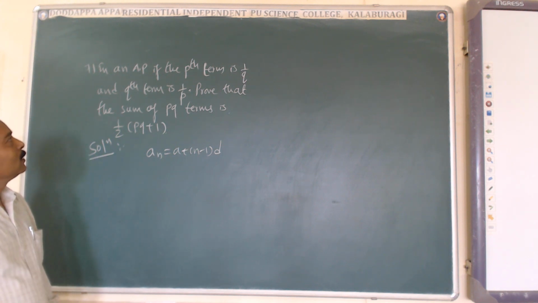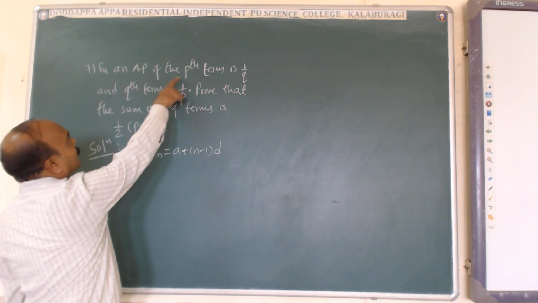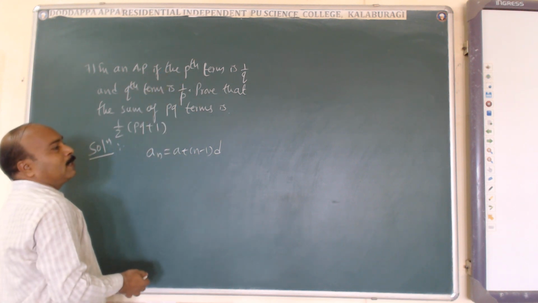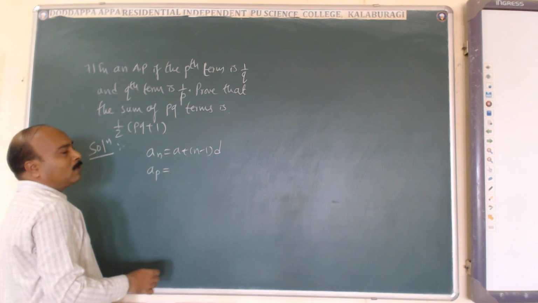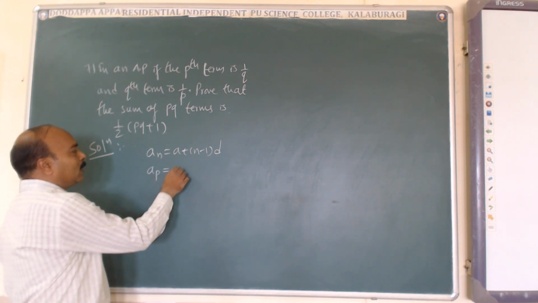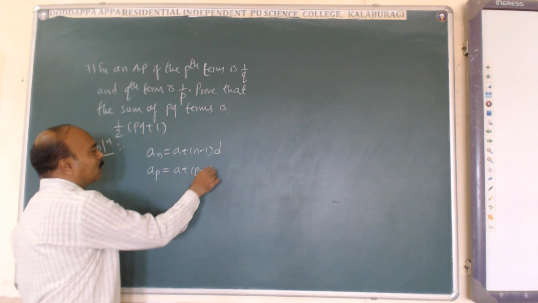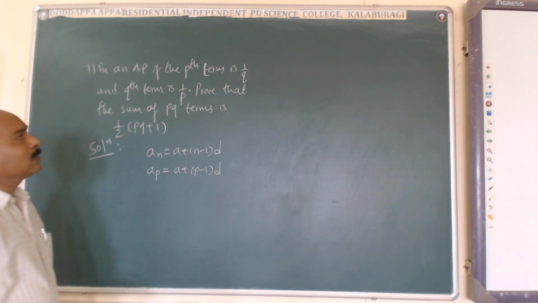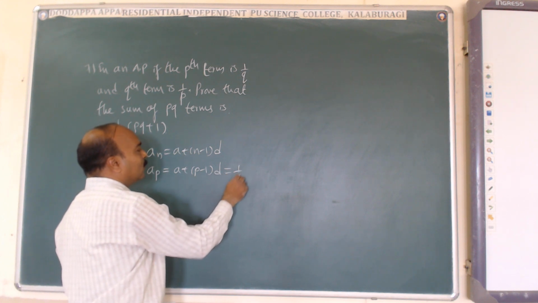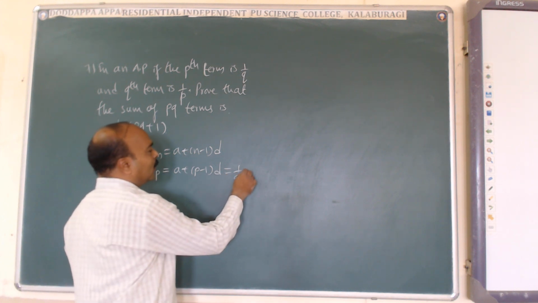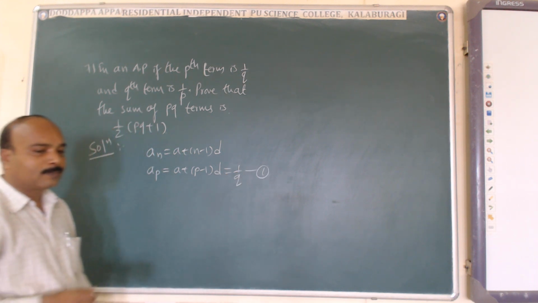Now here in place of n they gave the pth term. Put n equal to p, you get ap equal to a plus (p minus 1) into d. This is equal to what they gave, 1 by q. So call this equation number 1.